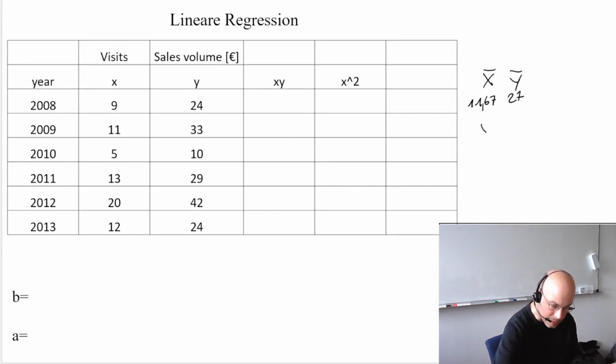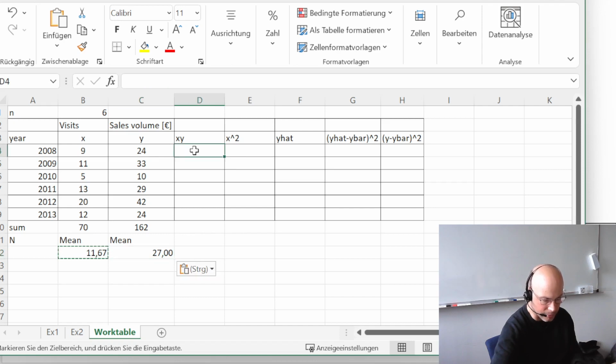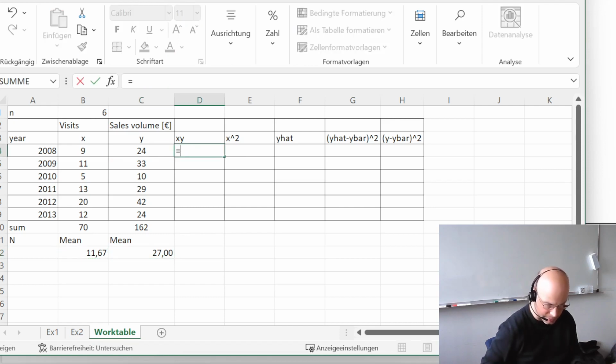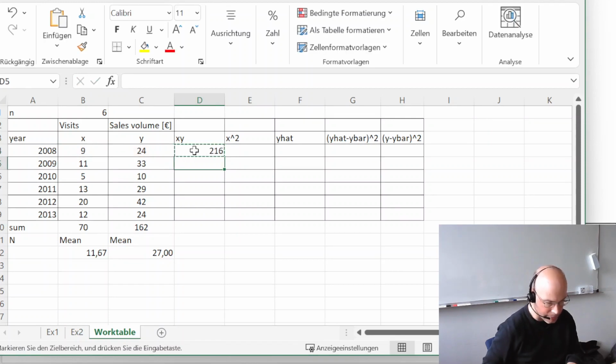So what else do we need? We need the mean of X times Y. So what do we have to do? 9 times 24, 11 times 33, and so on. In Excel, this is just 9 times 24, 216, then this one, this one, this one.